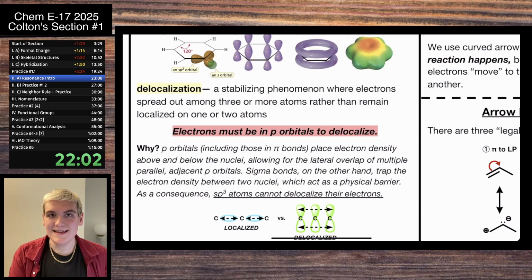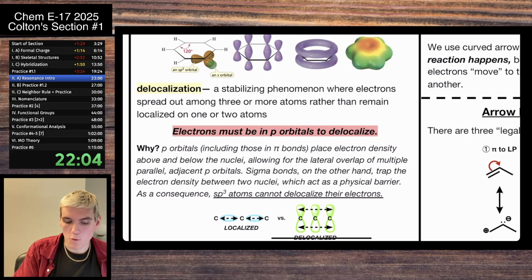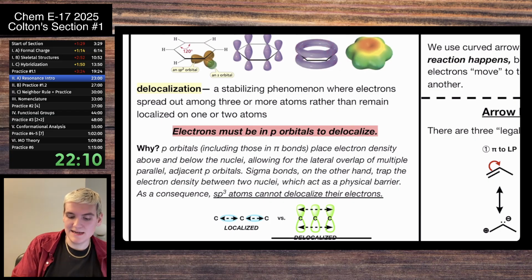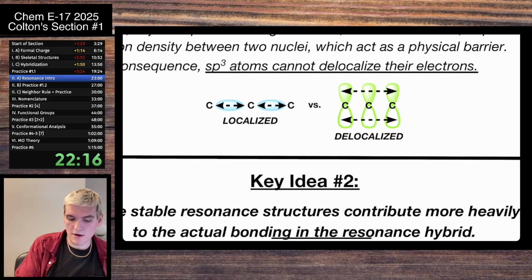There's one key thing that needs to happen in order for the electrons to delocalize and spread out among a bunch of atoms: the electrons have to be in a p orbital. Our normal sigma bonds can be between sp3 or sp2 or sp orbitals, but these are always going to be between the nuclei.